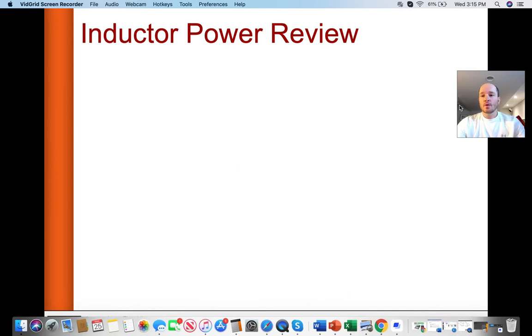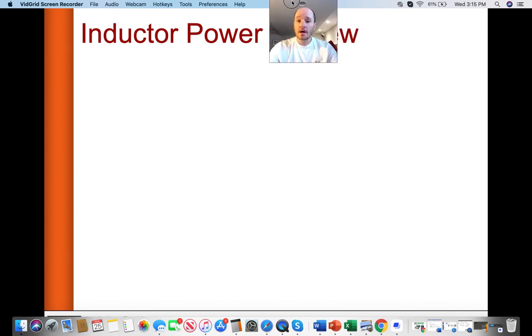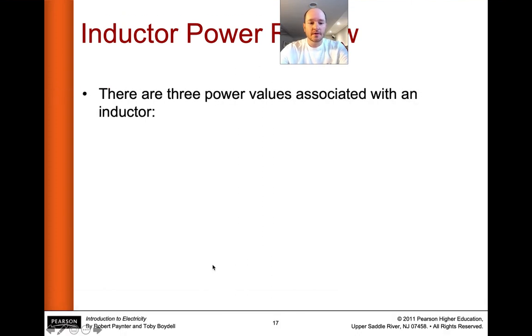So let's go ahead now and do a quick review of inductive power. We talked a little bit about this last week, so we'll just continue on with that lecture here. There are 3 power values associated with an inductor.